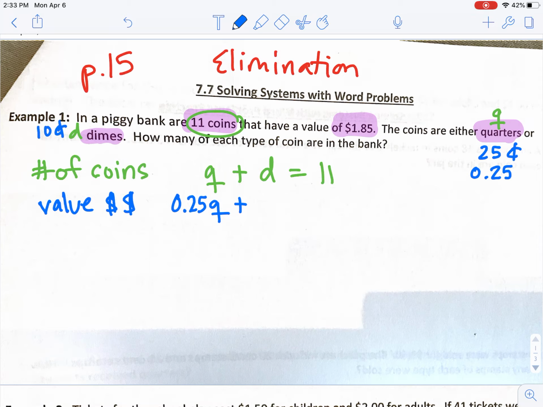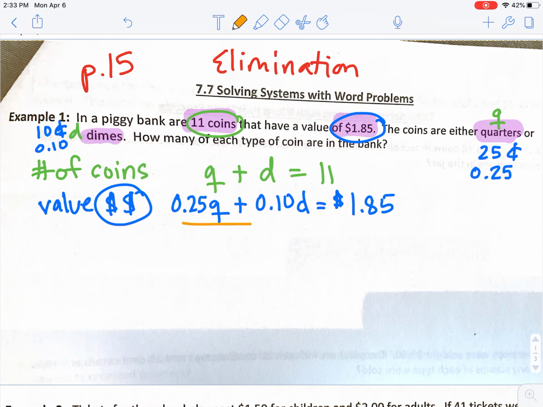Well, we know it's 10 cents or 0.10. So I'm going to do 0.10 D for dime because each of those is worth 10 cents. And since this is the money equation, I'm going to use the money value that they gave us of $1.85. And here is my system of equations that we need to solve, right?